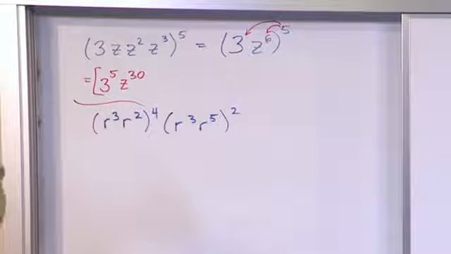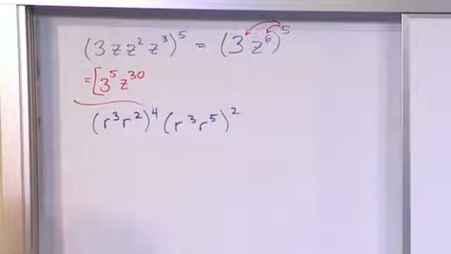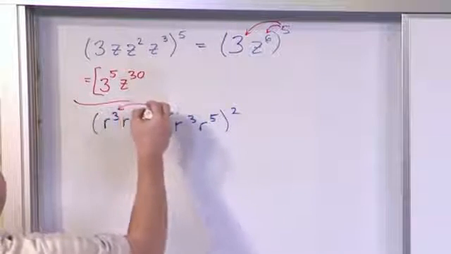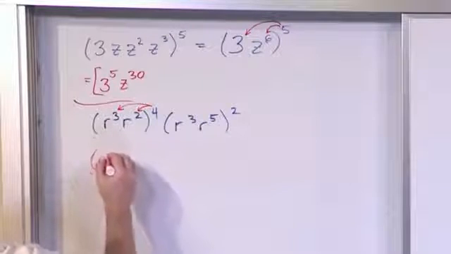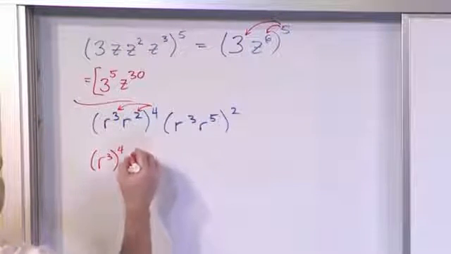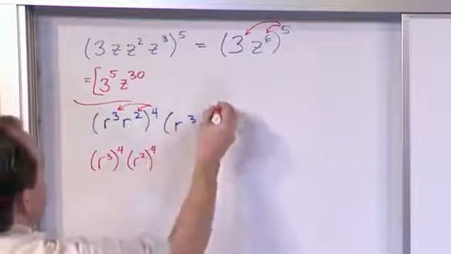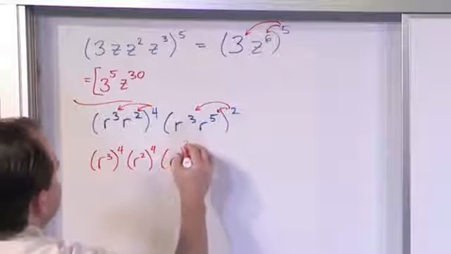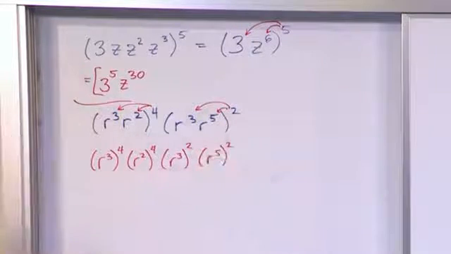I could combine these, and then combine these and then raise the powers, but just to show you different ways to do it and show you the power of the algebra, I'm going to apply the 4 to both of these first. So what I'll have here is r cubed raised to the 4th power, r squared raised to the 4th power, and here, when I apply the 2, I'm going to have r cubed raised to the 2nd power, r to the 5th power raised to the 2nd power.